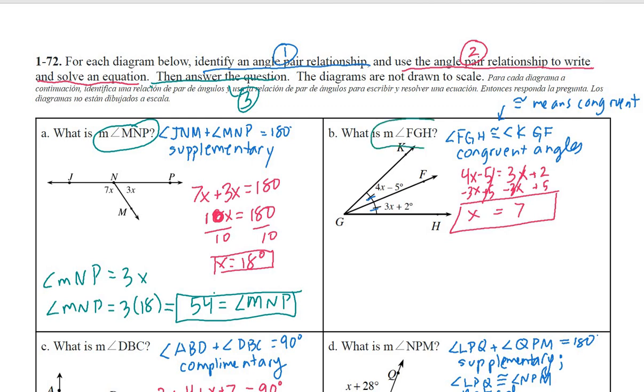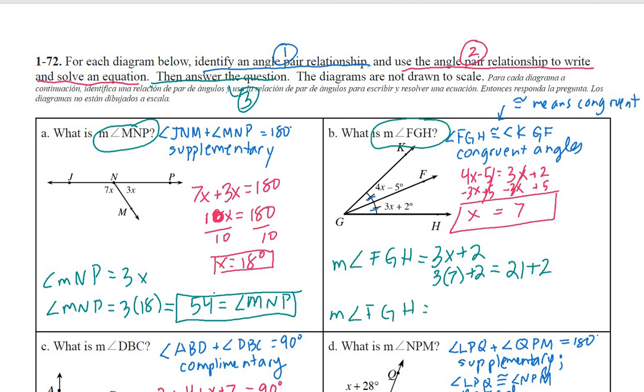Okay, and now what's the measure of angle FGH? The measure of angle FGH is equal to 3x plus 2. That's 3 times 7 plus 2, which is 21 plus 2. So the measure of angle FGH comes in at 23 degrees.